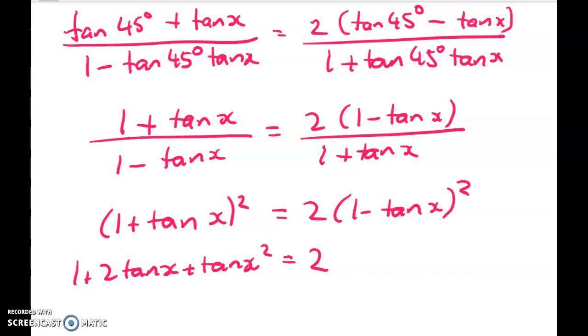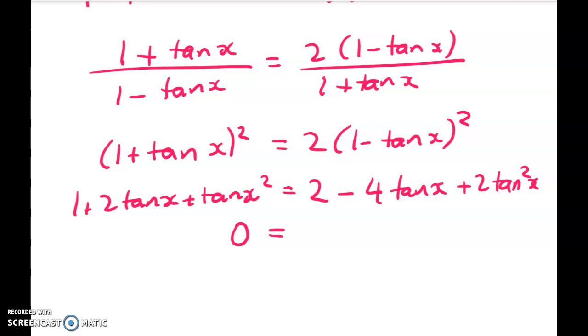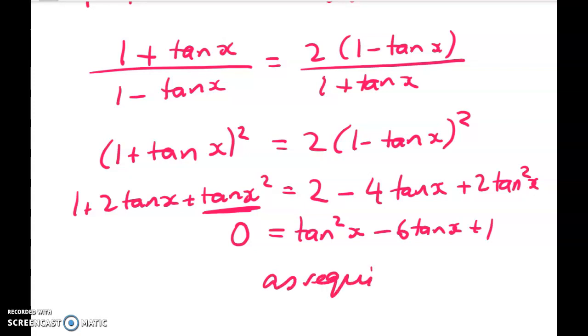So it's 2 minus, instead of 2 tan x, it's going to be minus 4 tan x plus 2 tan squared x. I'm going to collect everything up and get it to the right hand side. So we have tan squared x minus 6 tan x plus 1 as required.